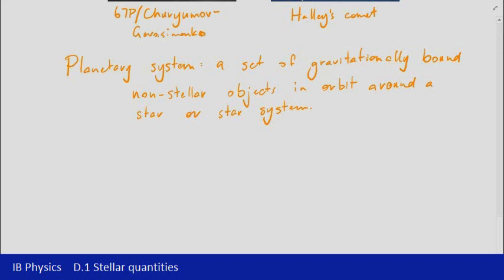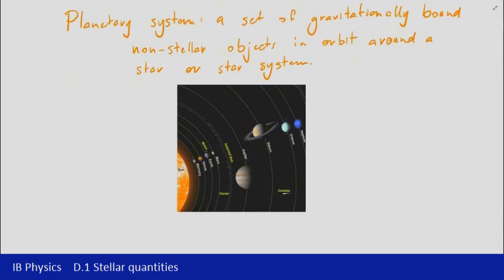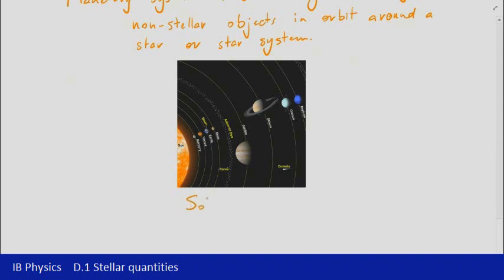So our planetary system can be represented in a diagram like that one. We call it the solar system. Note that this is definitely not to scale, so the size of the planets themselves and even the distances from the sun are definitely not to scale. You're very rarely going to see a diagram that's to scale that includes both the size of the planets and the size of their orbits.